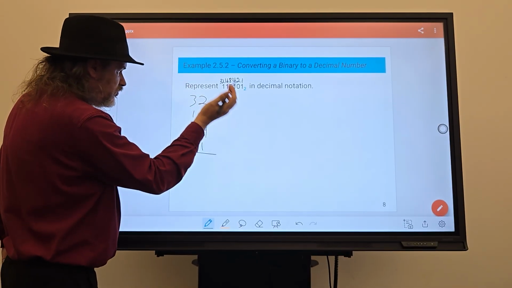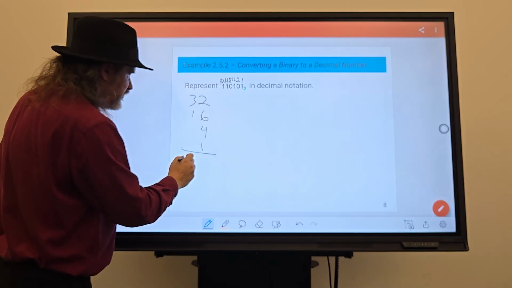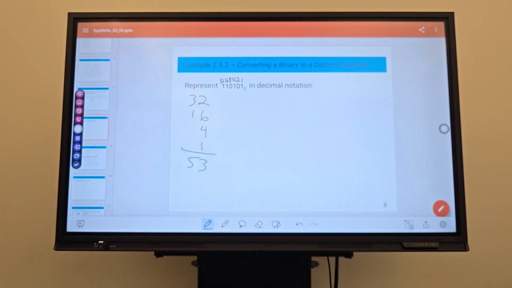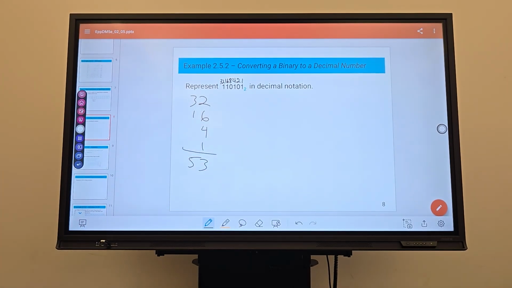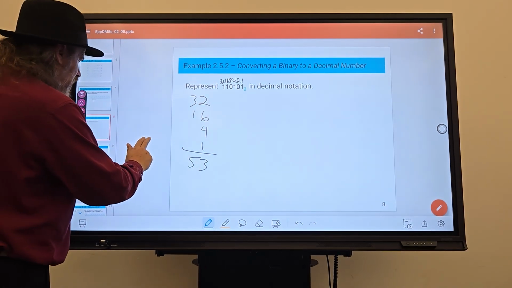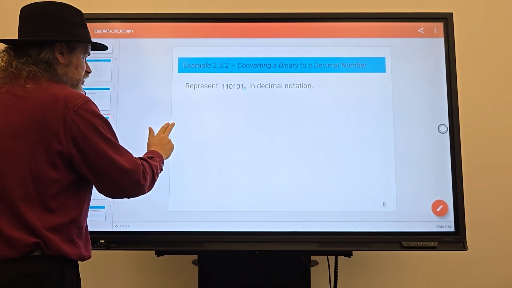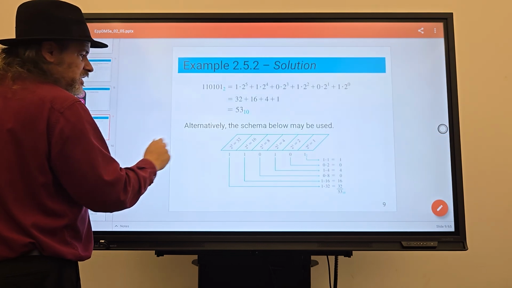Which is what, 53? I think that's 53, isn't it? Yeah. You get farther along in math and you start forgetting the easy stuff. Anyway, that's how you convert binary to decimal. So there you go.